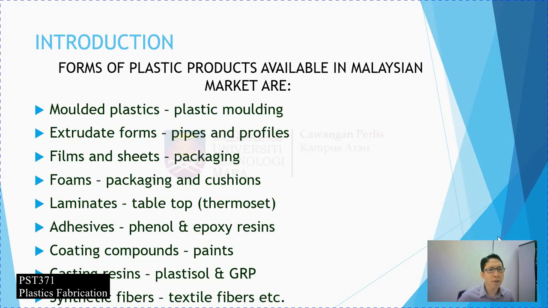Then we have films and sheets, usually used in packaging. We have foams for packaging and cushions, and laminates, with applications such as tabletops, usually using thermoset. Laminate is usually used to cover or to provide other properties to a certain material.